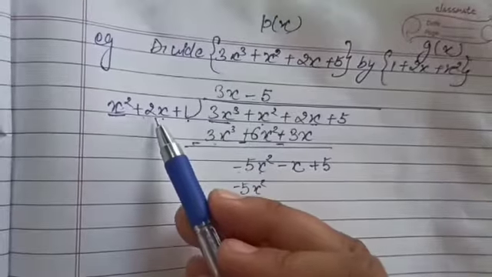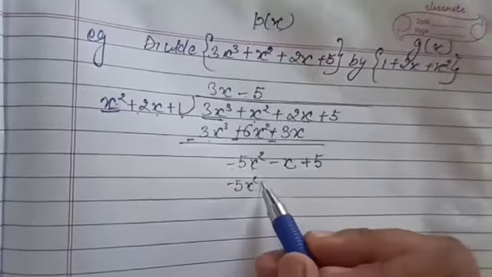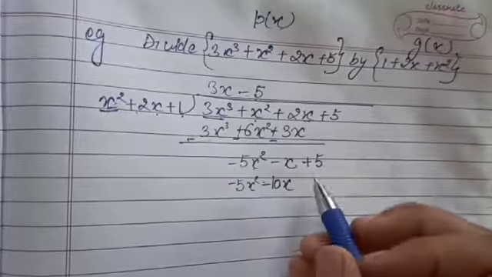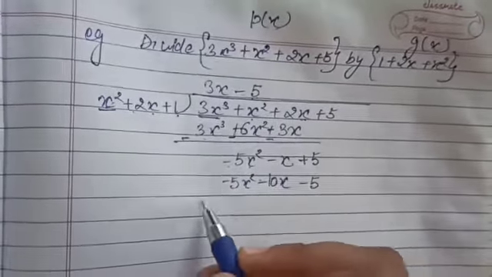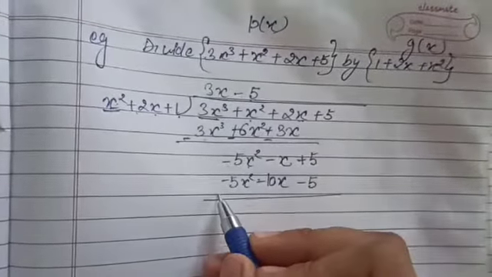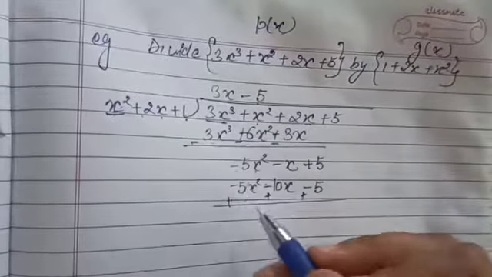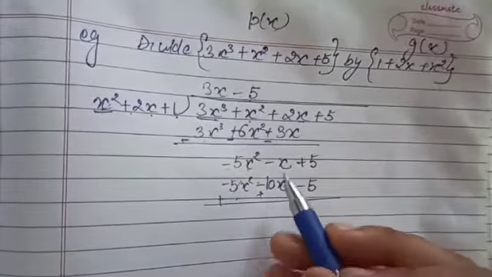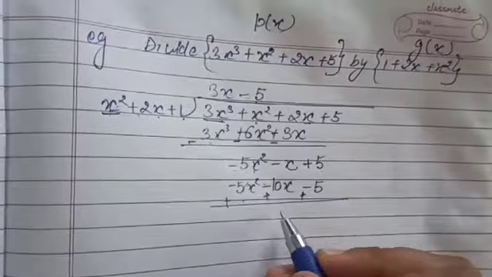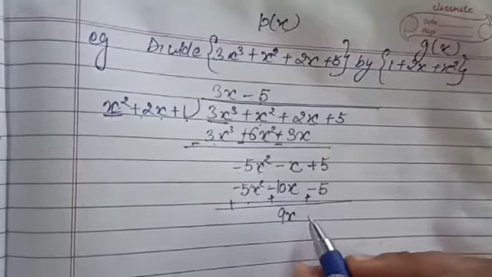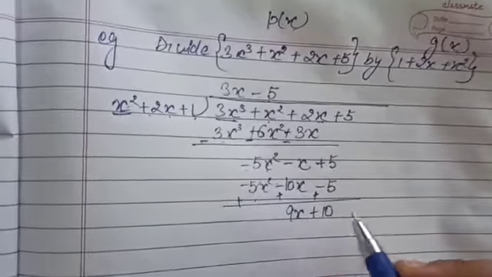Minus 5 into plus 2x will give us minus 10x. And minus 5 into 1 gives us minus 5. Again we will subtract, so signs will change. So this term will cancel out and we are left with 10x minus x, that is 9x. And plus 5 gives us plus 10.